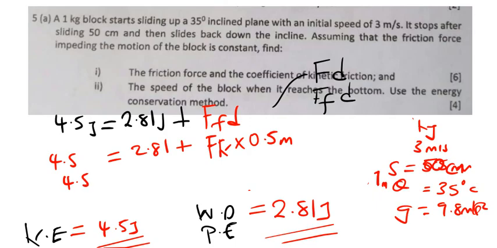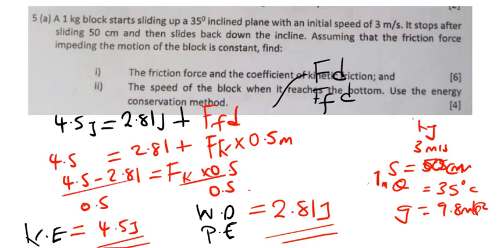I'm going to take the 2.81 to the other side, so I'm going to have 4.5 minus 2.81 equals the kinetic friction force multiplied by 0.5. I'm going to divide by 0.5 on both sides.